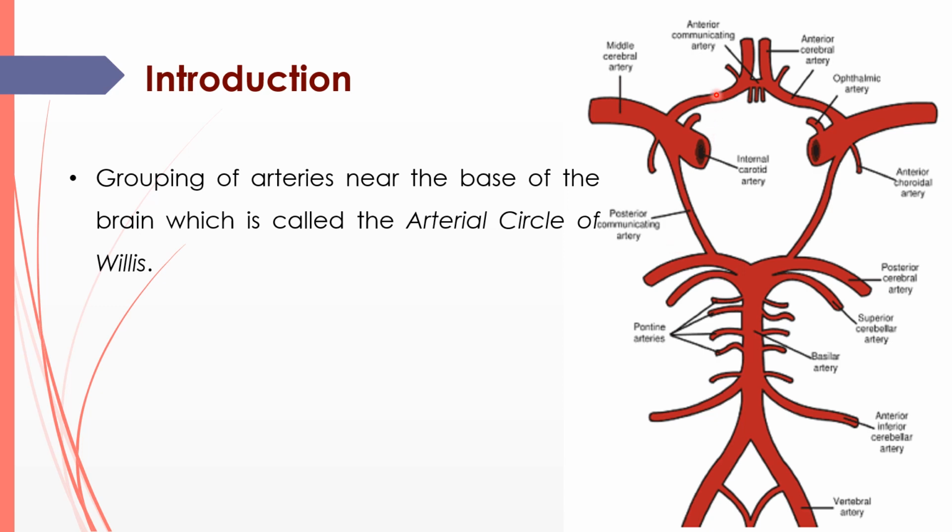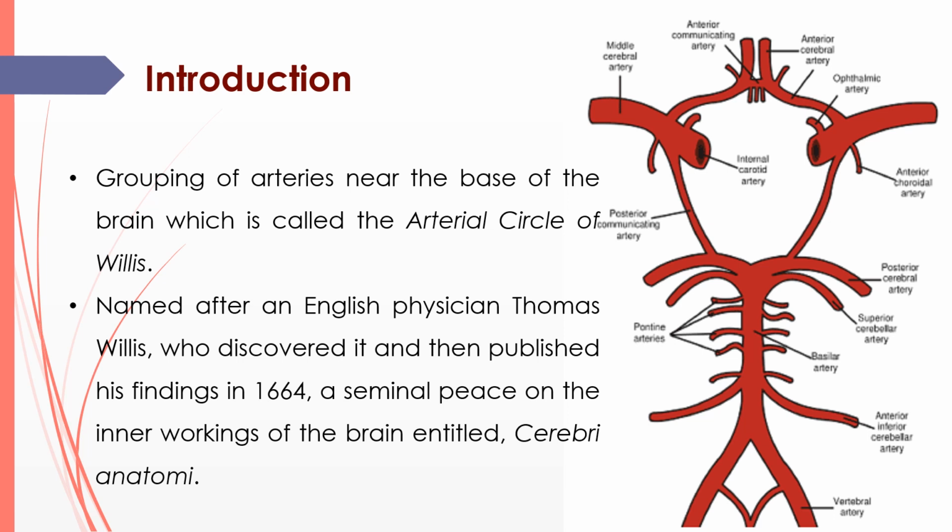Most importantly, the internal carotid artery and the vertebral artery anastomose together and form the circle of Willis at the base of the brain. It is named after an English physician, Thomas Willis, who published it in 1664 in his work called Cerebral Anatomy.